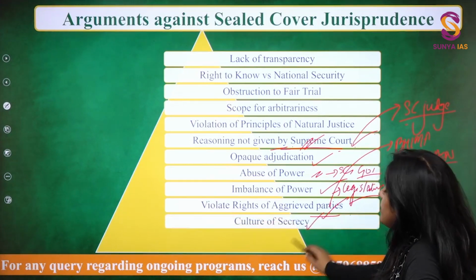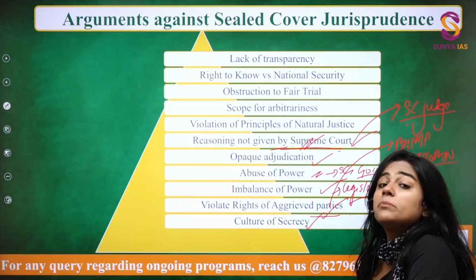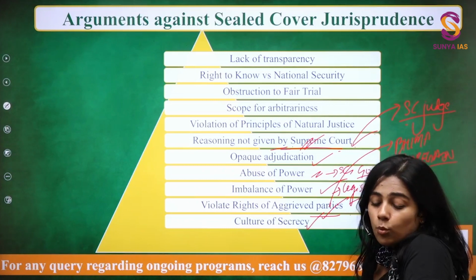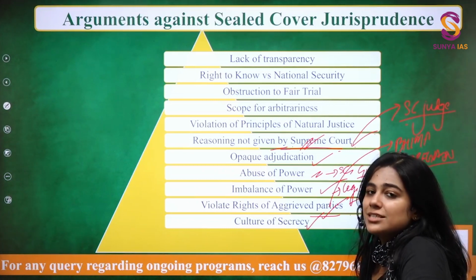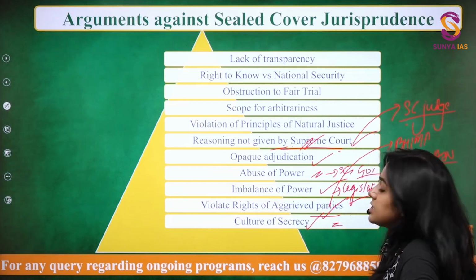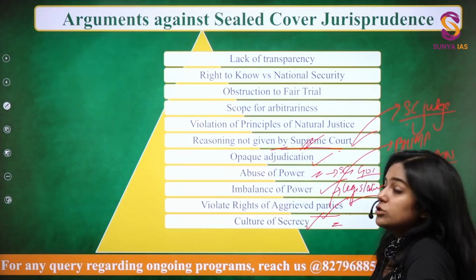Then it promotes a culture of secrecy and it appreciates it. We as a public appreciate this culture of secrecy a lot, which is not a good thing. Okay, so this culture of secrecy is developed, that is not supposed to happen.